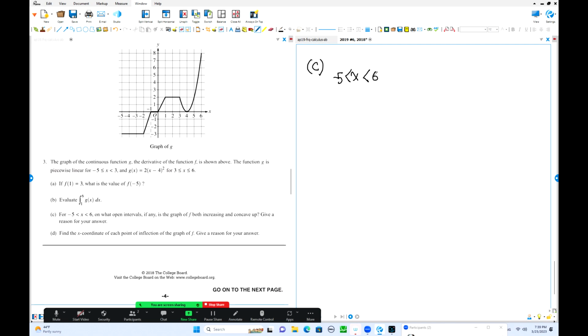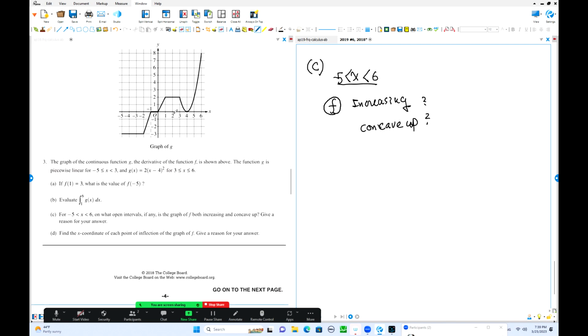So f prime, you want to check. F is increasing on this interval, right? And another way, concave up, you have to show this one.